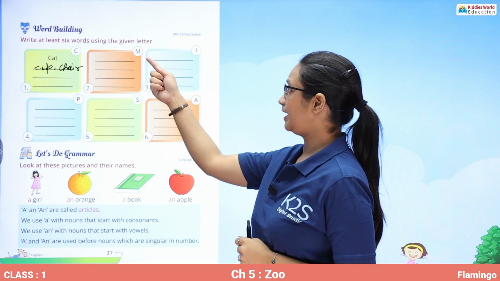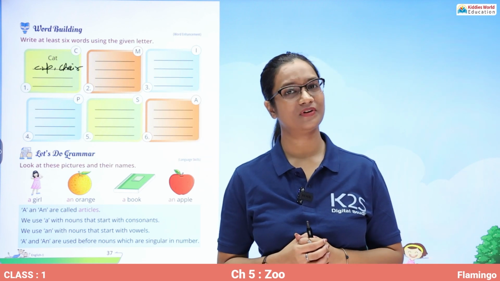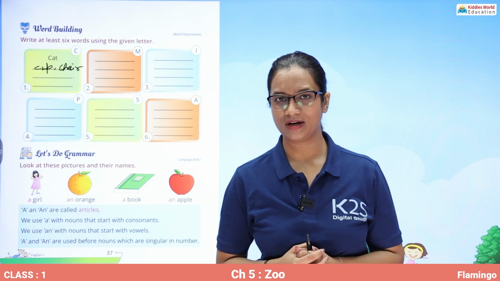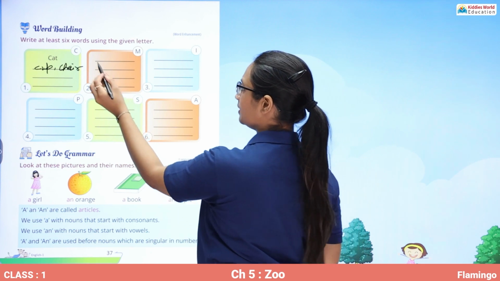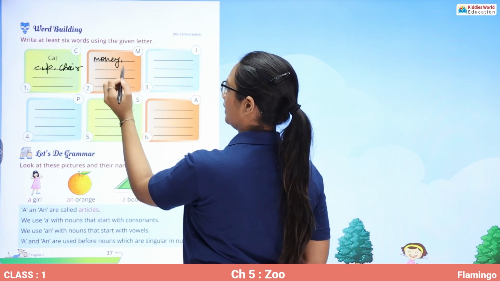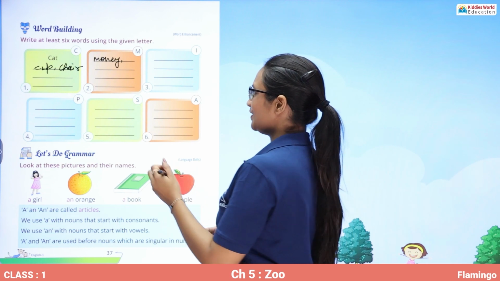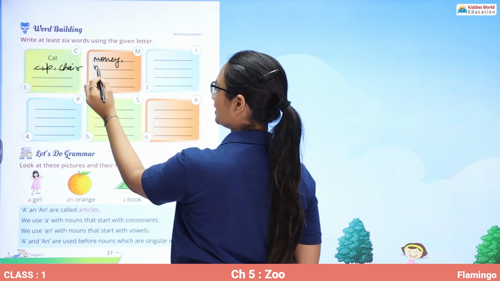Next up we have M. So what is that word that we can think of from M? From M, you can make the word money. And what else can you think of from M? Yes, it is monkey. You can also write monkey.